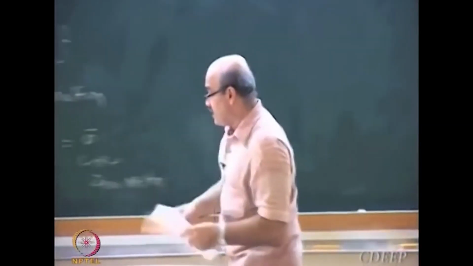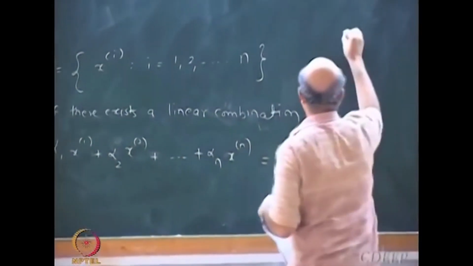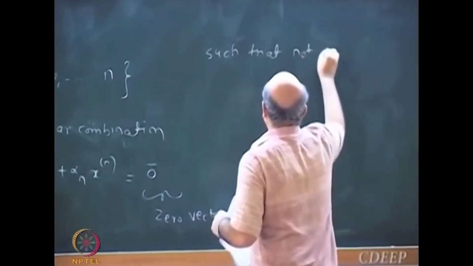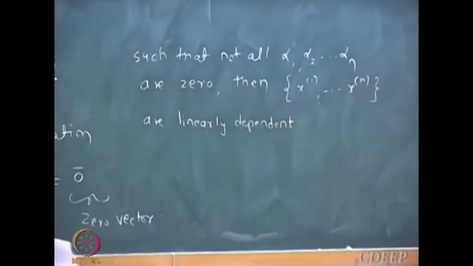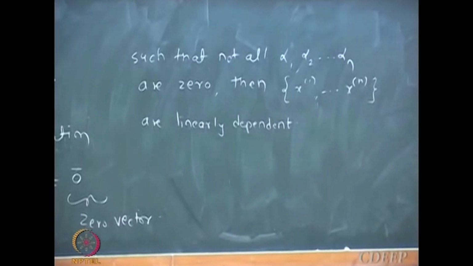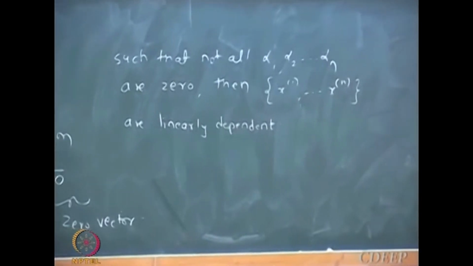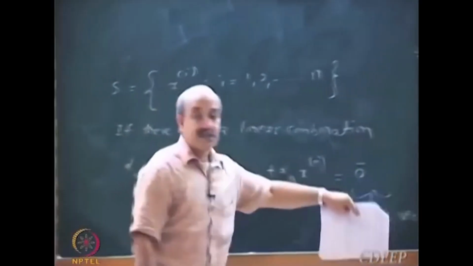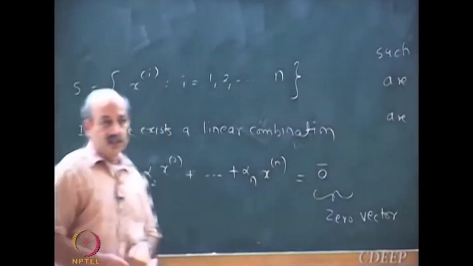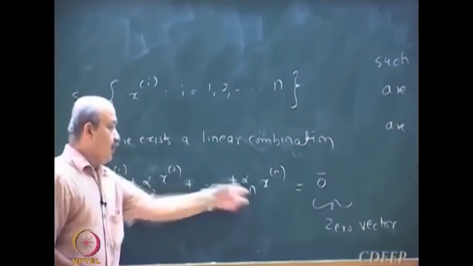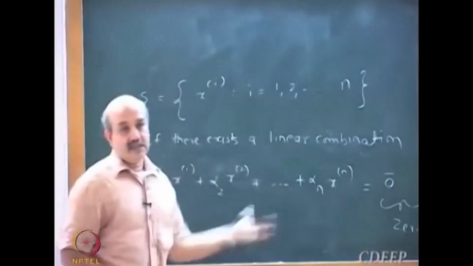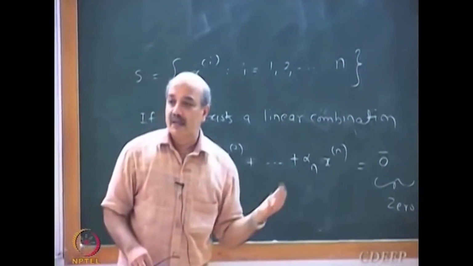If there exists a non-zero linear combination which yields a 0 vector, which means I can find some non-zero elements alpha 1, alpha 2 which give me the 0 vector, then these elements are linearly dependent.